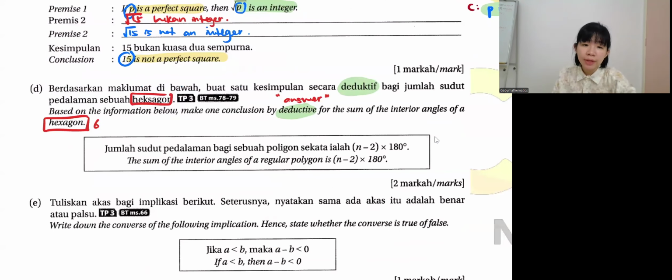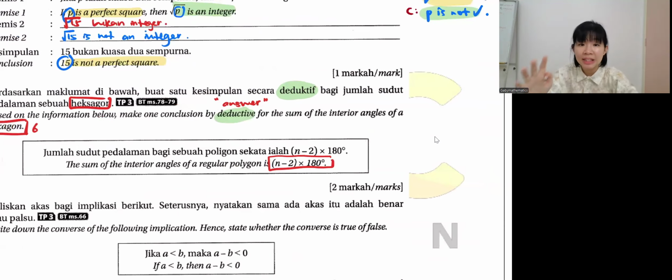Now they say the sum of interior angles of a regular polygon is n minus 2 times 180. So since now you know hexagon, they want you to find for the hexagon. Okay, remember, deductive means find the answer. Okay, 6 minus 2 times 180.